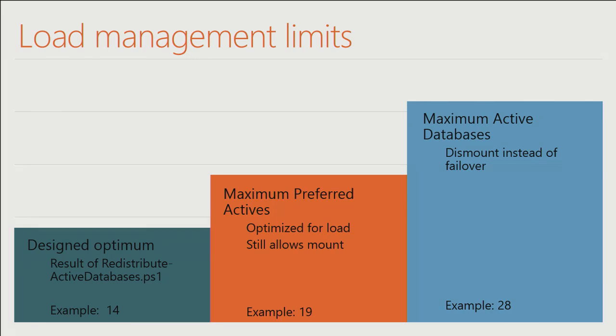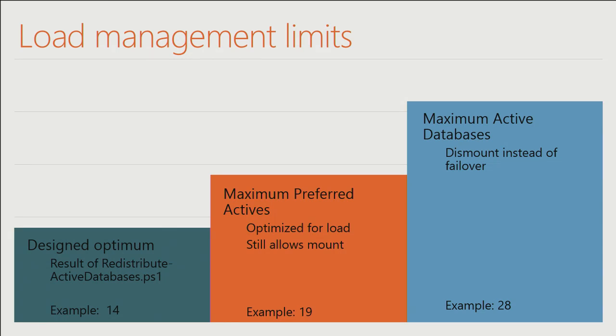And this gets set as basically a configuration point in your environment. In the middle is the new guy. He's the max preferred actives, and what he's trying to do is get better distribution in the face of 1 or 2 servers being failed in a day. What we saw in the service is when we had those cases, we could easily get servers that were near max actives and other servers that were near 0.